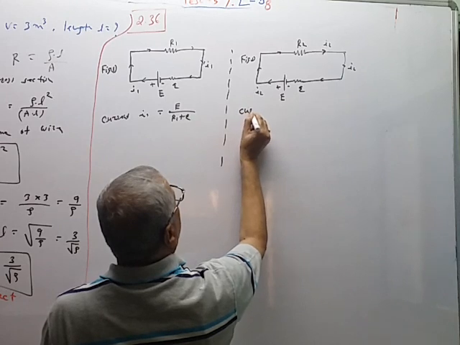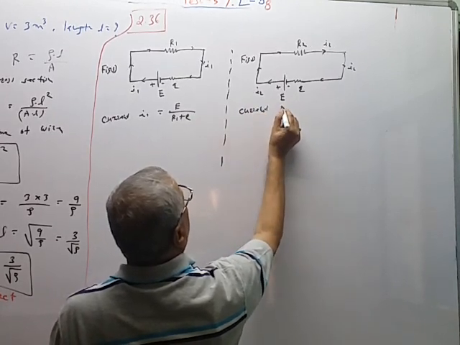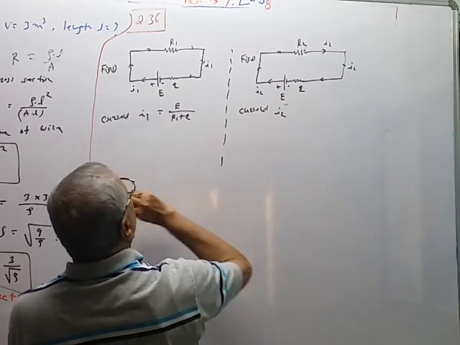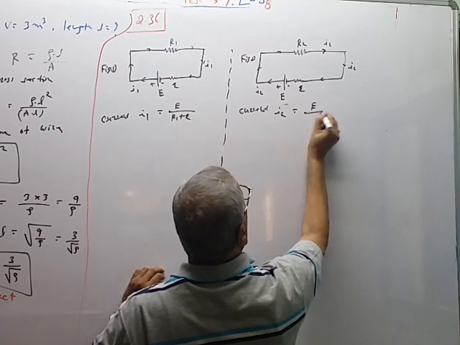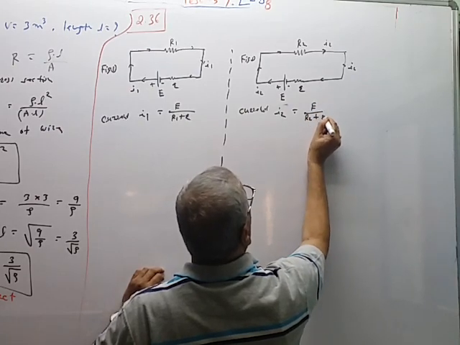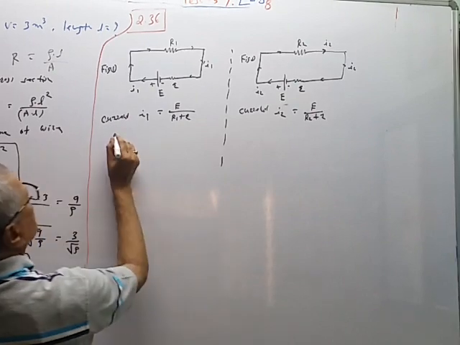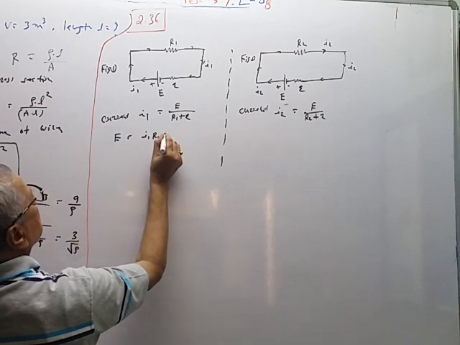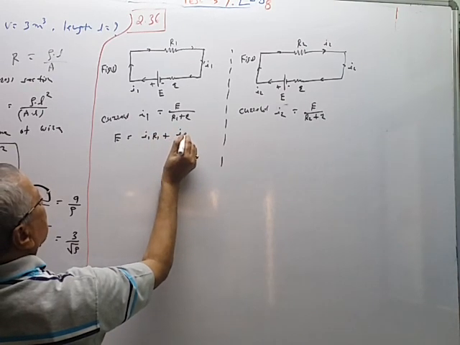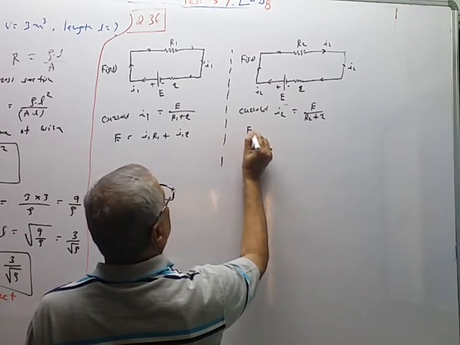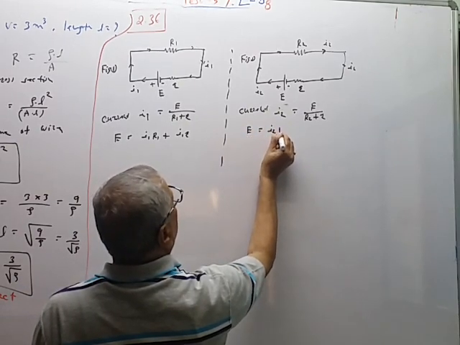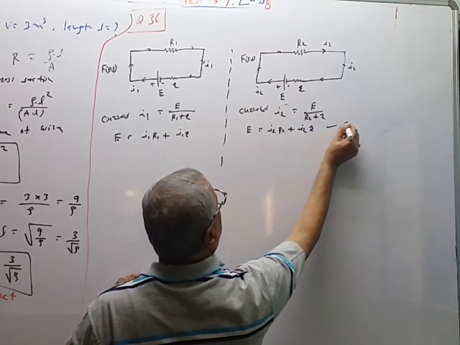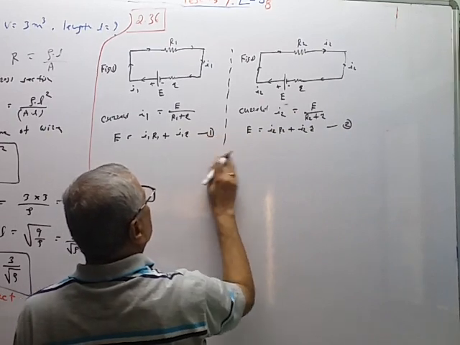On this side, current I2 is equal to E upon R2 plus r. And therefore, E is equal to I1 into R1 plus I1 into r. E is equal to I2 into R2 plus I2 into r. This is equation second, this is equation 1.